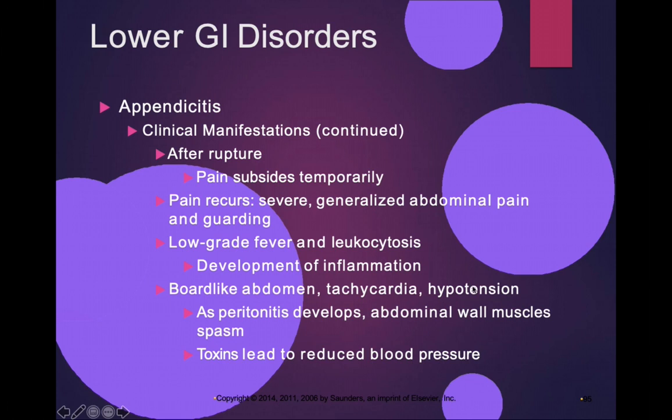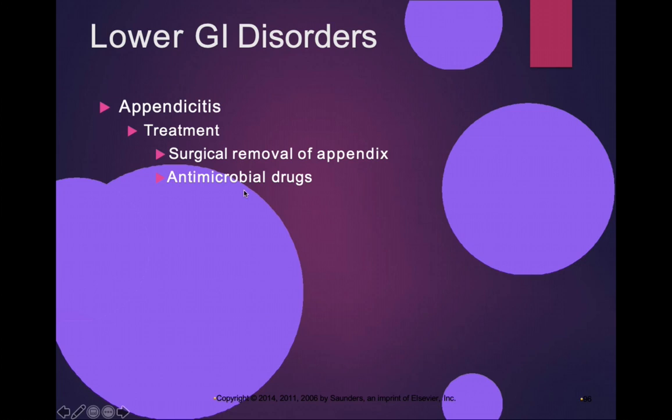There could be hypotension. As the peritonitis develops, abdominal wall spasming takes place around the entire rectus abdominis. The toxins can lead to reduced blood pressure as well. The treatment is surgical removal of the appendix.